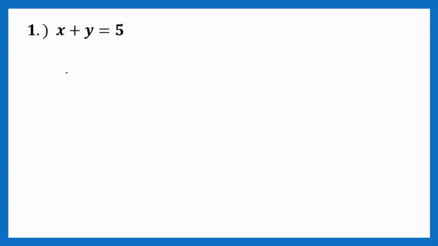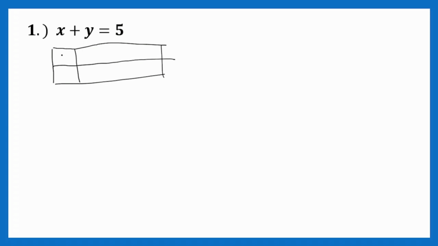Kapag table of values, kaya nga table, tapos may mga value daw, gagawa ka talaga ng table. So gawa ka ng table, ganyan. Meron ditong x, meron ditong y. Mag-a-assign tayo ng value ng x, tapos mag-solve din tayo ng value for y.